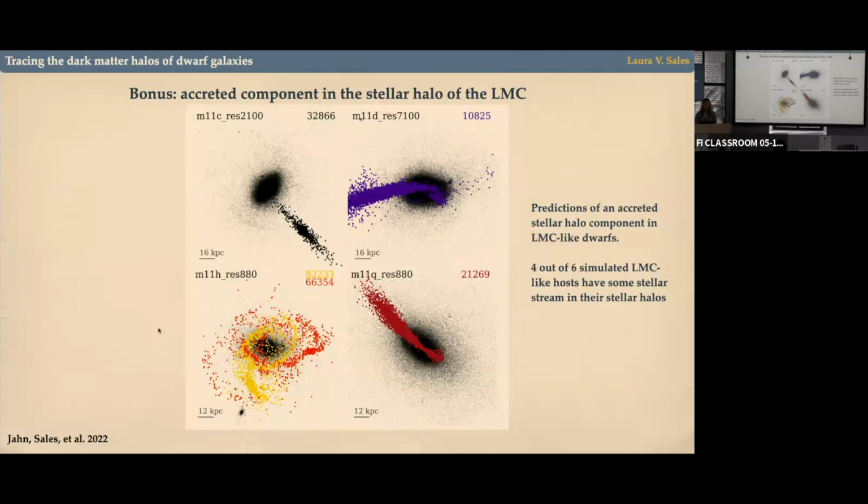All right, so we had in our sample about 8 halos, and 4 of them displayed these stellar streams in their halos. This is at redshift 0, so they should be observable, and this is a prediction, again, that can be contrasted with observations, very low surface brightness observations coming up soon.